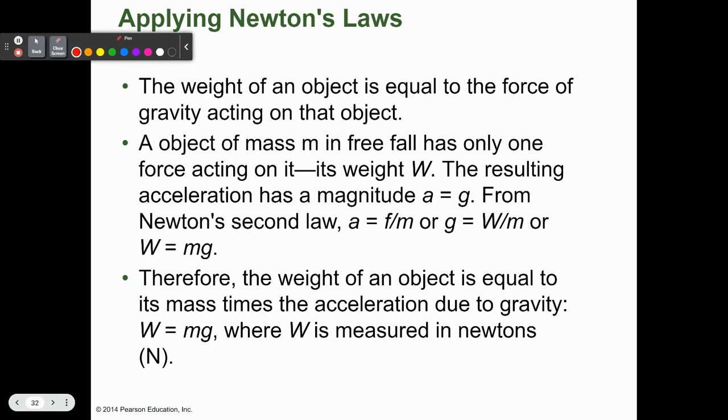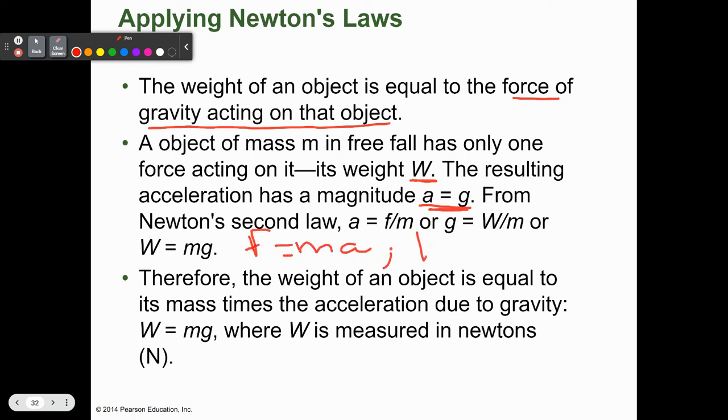Weight. Weight of an object is the force of gravity on that object. And so again, it's always going to act downward. So an object of mass m in free fall has only one force acting on it, and that's its force due to weight. And the acceleration of that force due to weight is the acceleration due to gravity. So sometimes we can say force is equal to mass times acceleration.